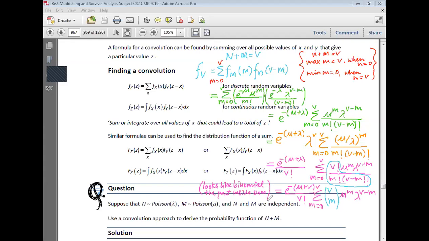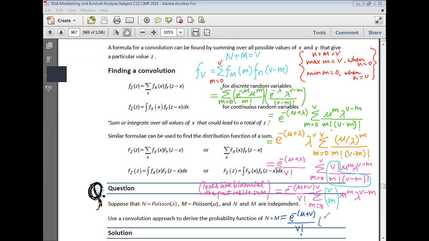All right. So what should I be doing next? I'll have this as it is, right? So I'll just write e raised to minus (mu plus lambda) upon v factorial. And how can I rewrite this thing as a (lambda plus mu) raised to the whole power expansion?